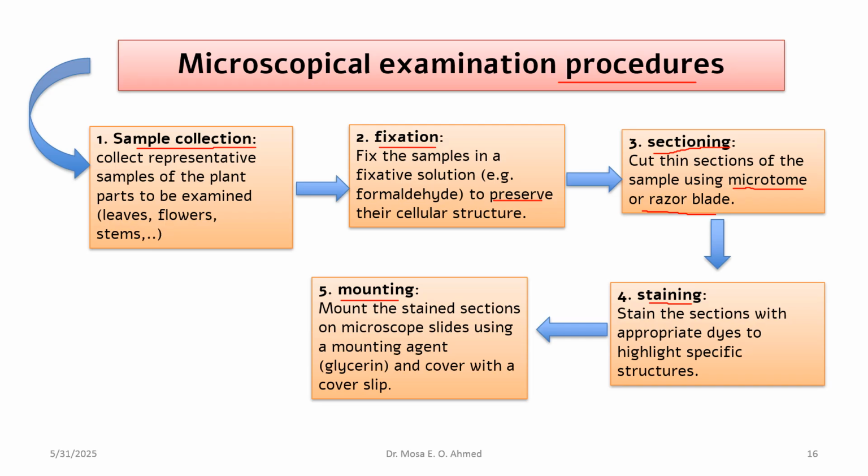An example of a mounting agent is glycerin. The purpose of adding a mounting agent is to aid visualization of the sample, and it can also provide some preservation for the cut or prepared sample.